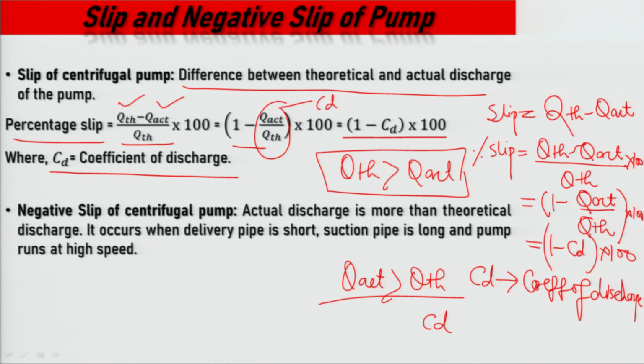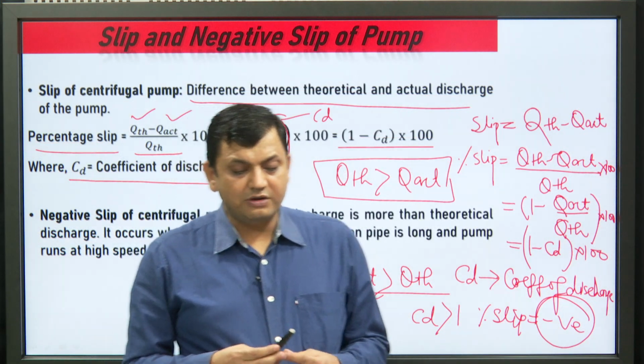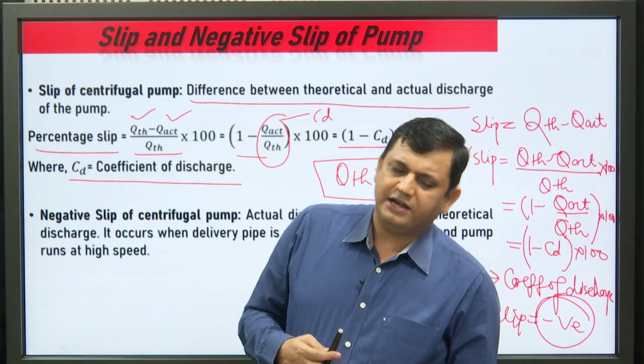If Q actual is greater than Q theoretical, CD is greater than 1, so this percentage slip is negative.